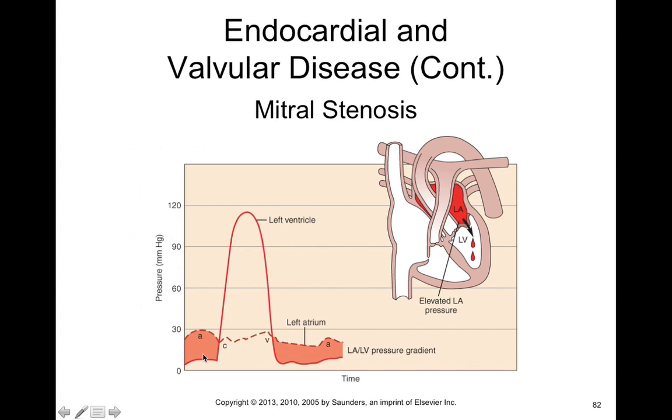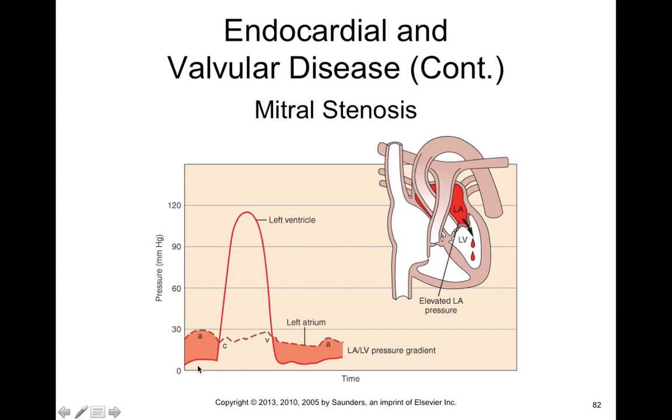So if we measure pressure changes between the left ventricle and left atrium during a normal cardiac cycle, what we find is that when the left atrium contracts and pressure in the left atrium rises, you should also see pressure rise correspondingly in the left ventricle, as long as the valve is open enough for blood to flow from the left atrium to the left ventricle.